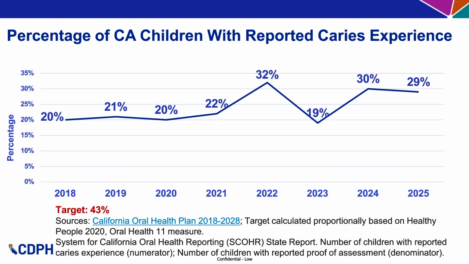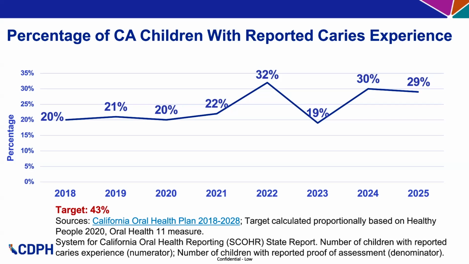So this is, again, a trend line chart displaying the percentage of California children with reported caries experience. Overall, it has been a very positive trend line in the sense that the estimates have steadily and consistently remained well below the target of 43%, which is obviously a very good thing.